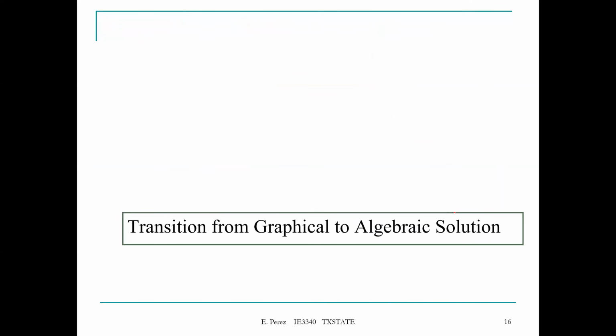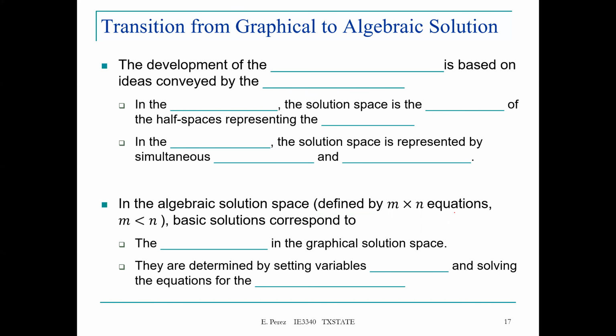So now we are going to transition to the next topic of this lecture. And this is, how do we transition from the graphical to the algebraic solution? The development of the algebraic simplex method is based on ideas conveyed by the graphical LP solution.